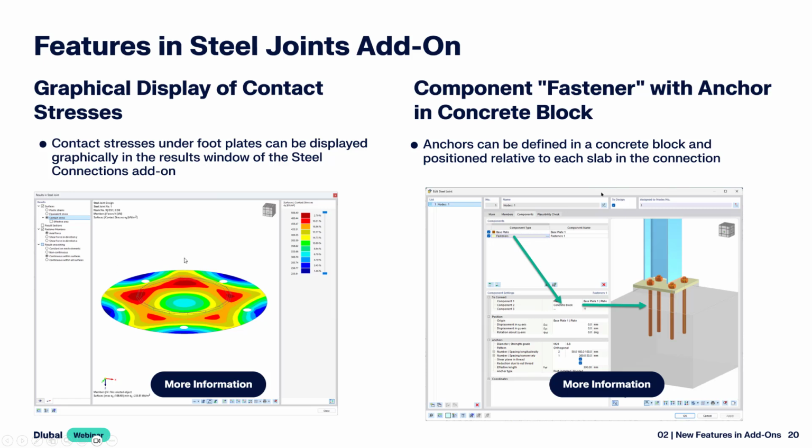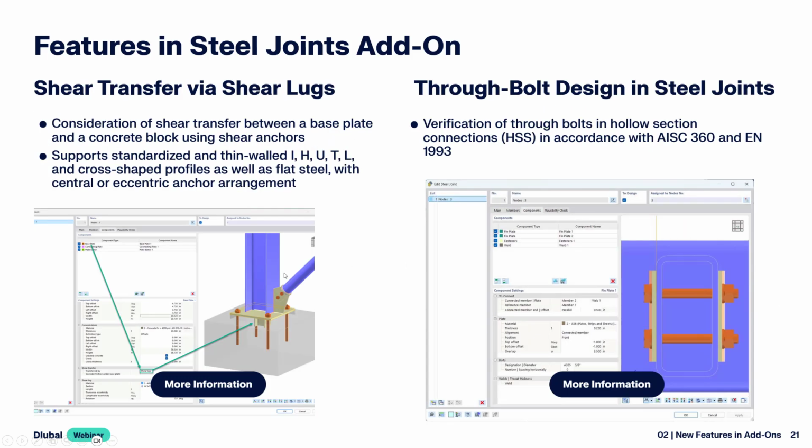You can display the graphic of the contact stresses, then component fastener with anchor in concrete block is new. Then the shear lugs are now available. For example, I, H, U sections and so on can you use there.